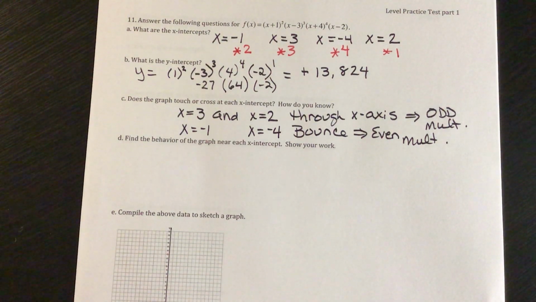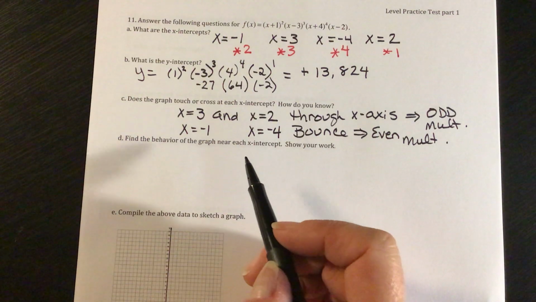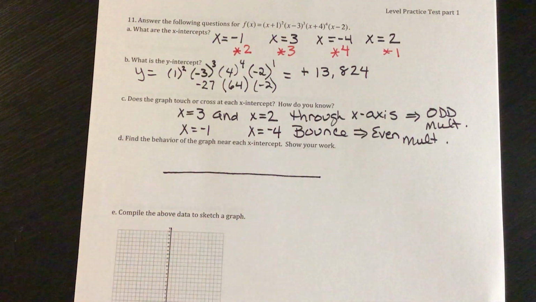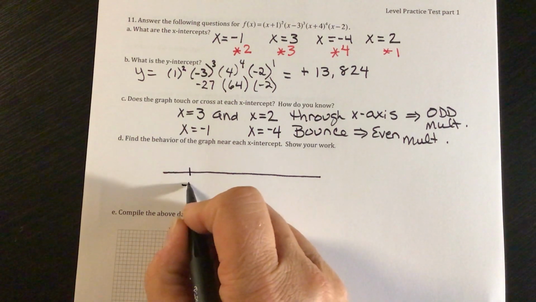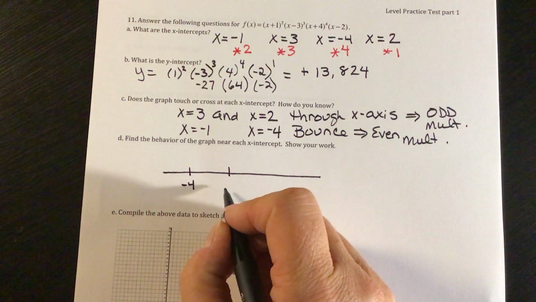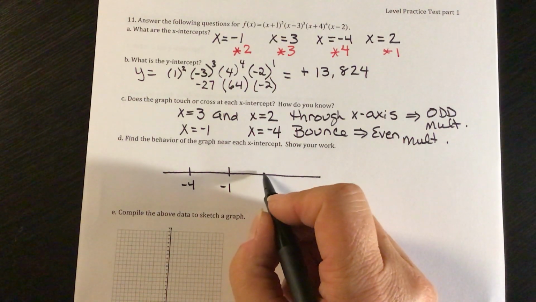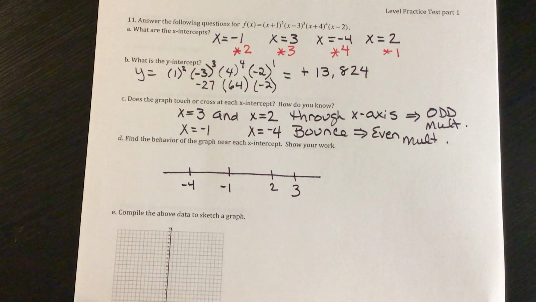Part D asks us to find the end behavior and the behavior of the graph near each of the x-intercepts. So this is where we can make a sign chart, and if I just sketch the x-intercepts on a number line, -4, -1, 2, and 3.